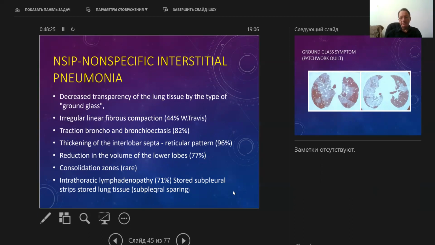Thickening of the interlobular septa, which leads to a reticular pattern, reticular abnormalities. A reduction of the volume of the lower lobes. Very rare consolidation zones. In most patients you can detect intrathoracic lymphadenopathy.